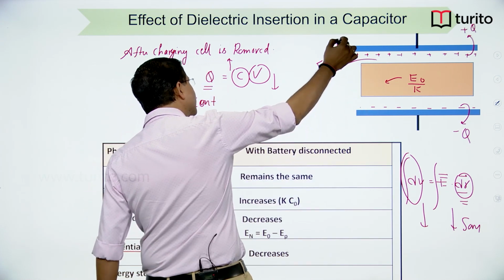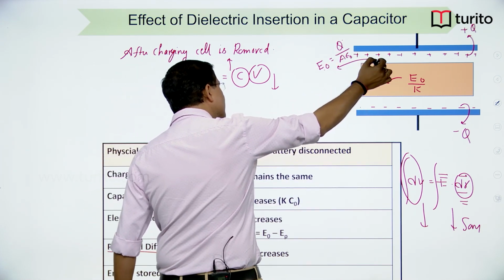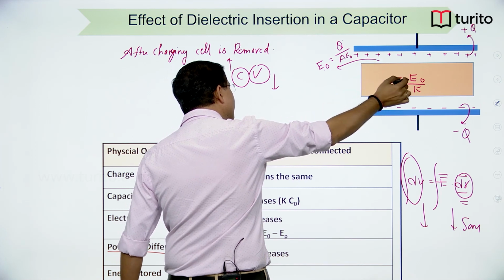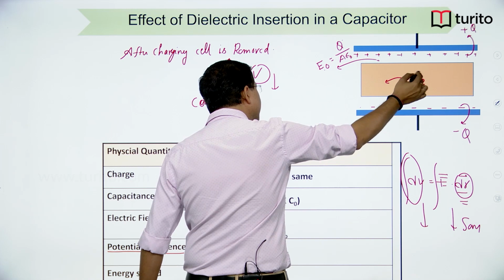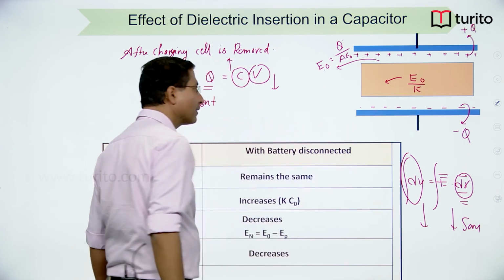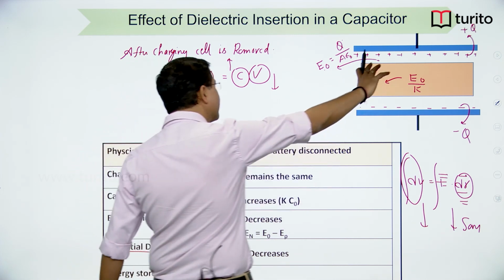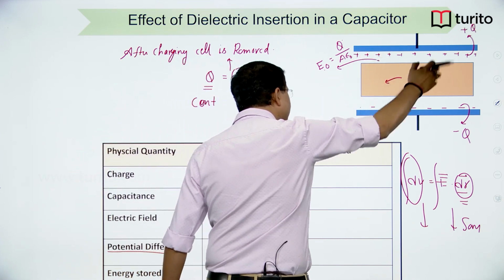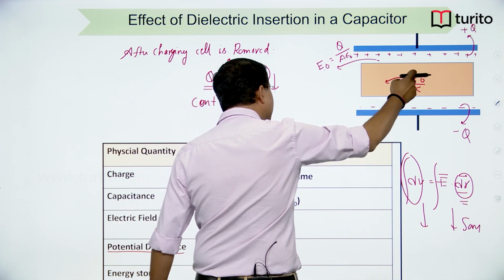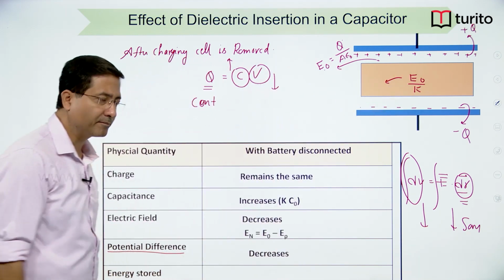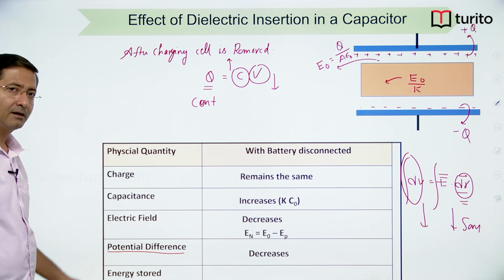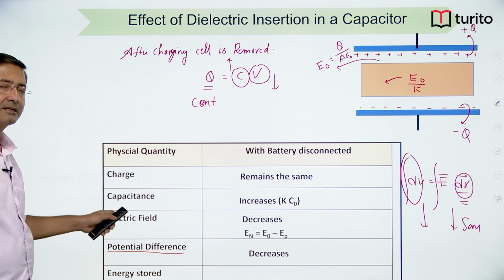As charge is not changing, the field here is not changing, but inside it will become E naught by K. Earlier when dielectric was not there, field everywhere was E naught. Now, when dielectric comes into the picture, the field inside the dielectric becomes E naught by K, which is less than the previous value.